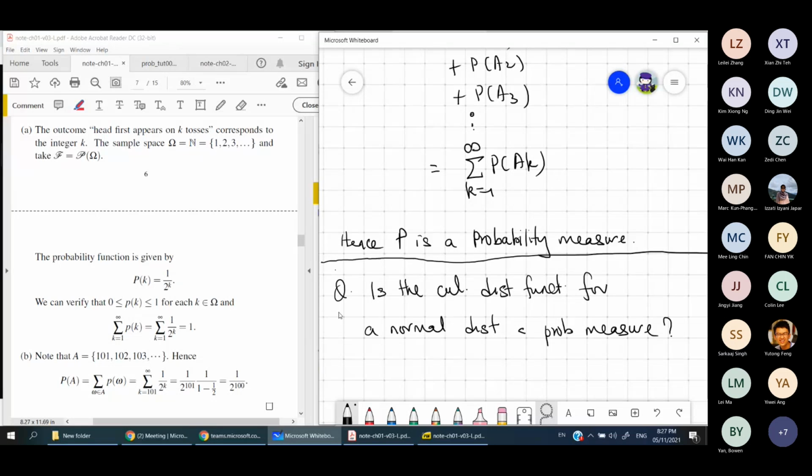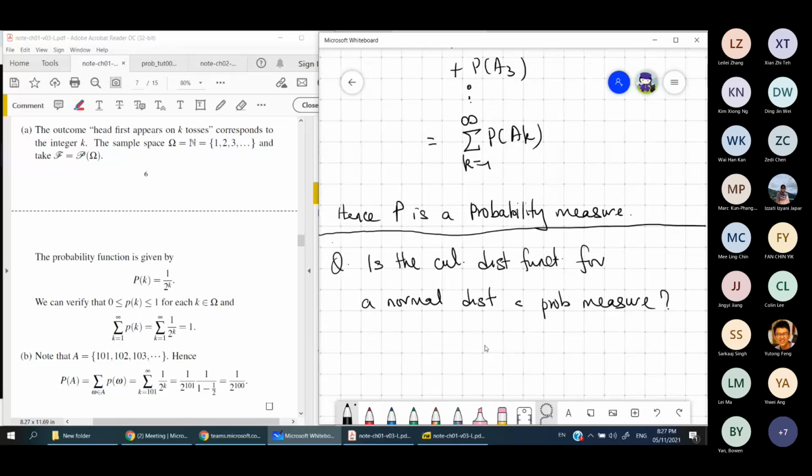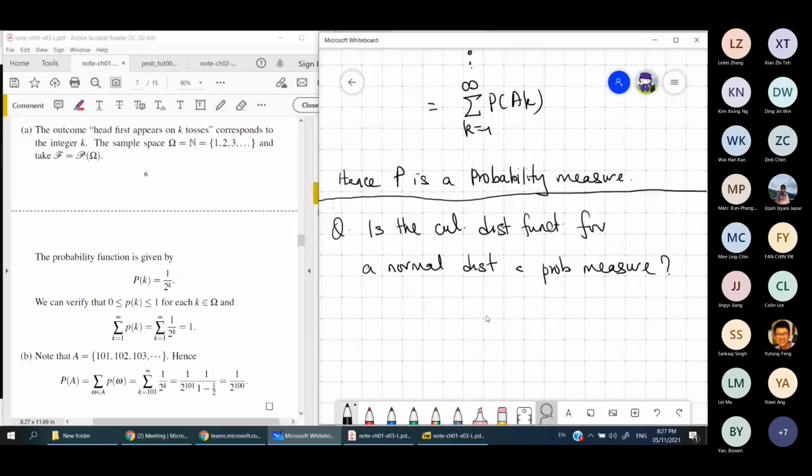Okay, so one by one. First of all, we have to see what a cumulative distribution function is. Next we have to look at what is meant by distributions and normal distributions. Okay, one by one first.